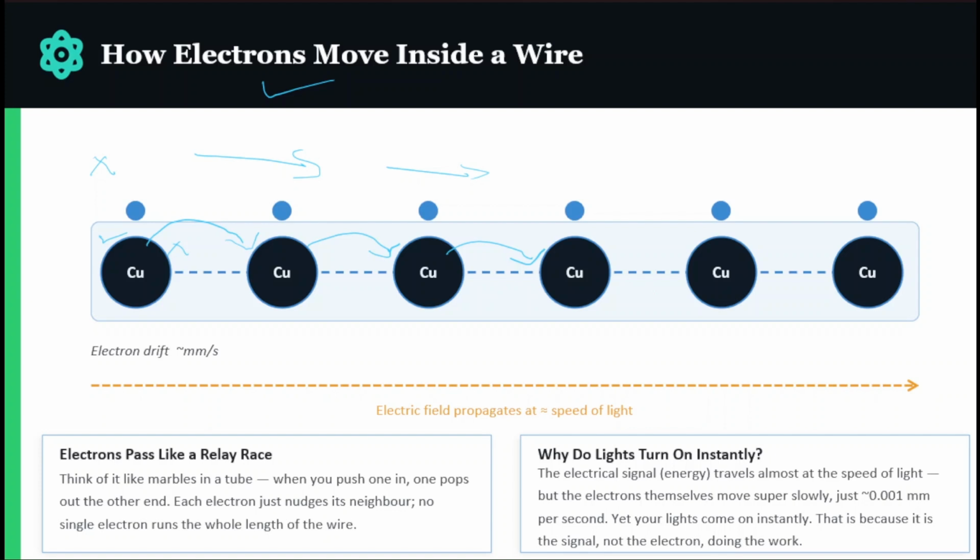These electrons are moving at just around mm per second. But when you switch on a fan or a light, it switches on quickly. Why? Because the flow of electricity is at the speed of light. How is it possible? It is by virtue of electrons hopping from one atom to another atom.